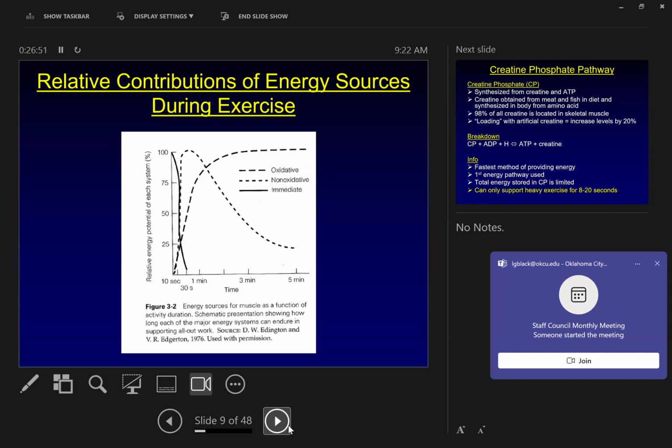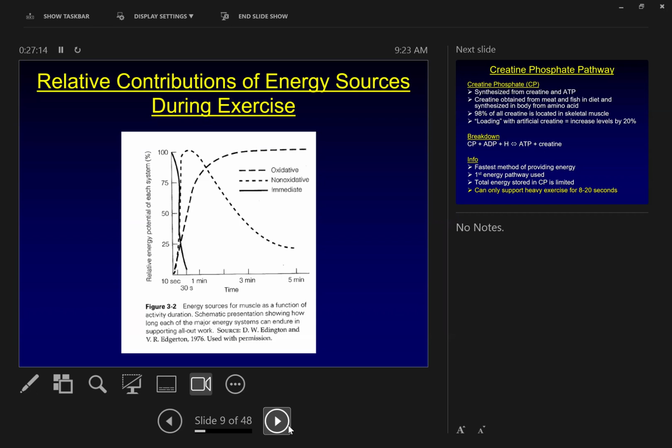What you see in this figure is time on the x-axis: 10 seconds, 30 seconds, a minute, out to about 5 minutes. On the y-axis is the relative percentage of all of the ATP that you need to do that exercise. So use this as a reference. I'm going to squat and hold.